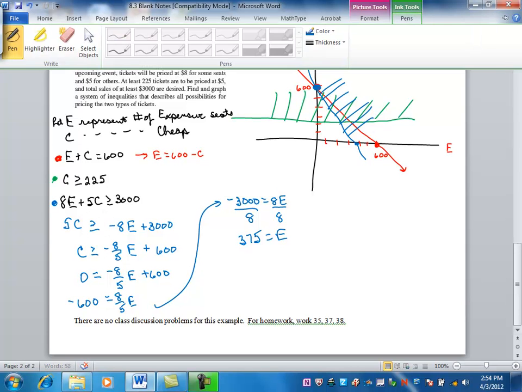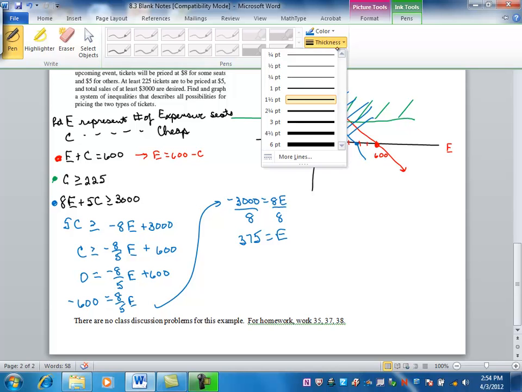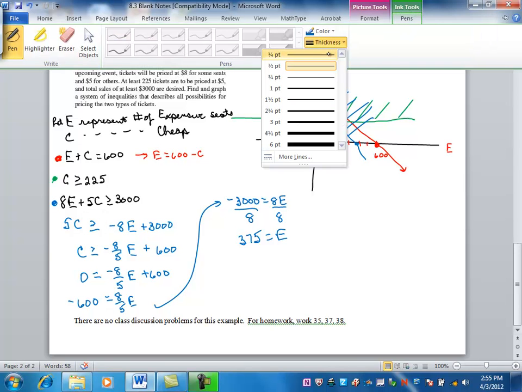Okay, and so where is our solution set? Well, let me make my highlighter much smaller as I try to do a good job here. I don't know that it's going to let me make my highlighter smaller. Well, two ways to go about this.